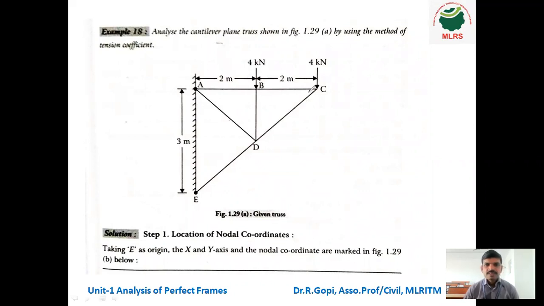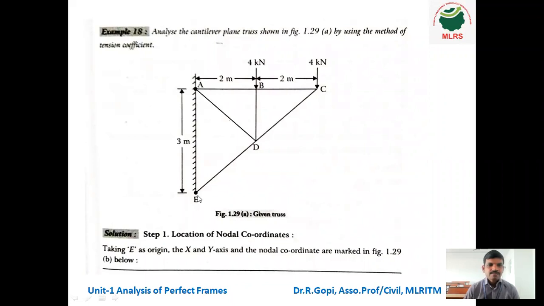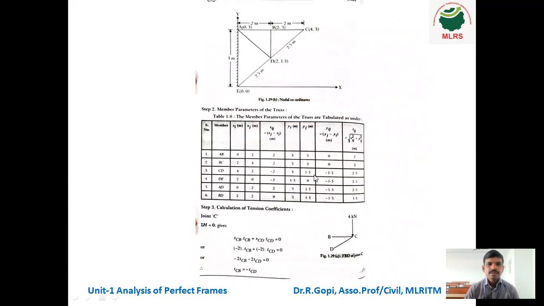We saw it previously in the procedure. We have to note down the coordinates. Here I am taking E as the 0, 0 point, E as the 0, 0 point.